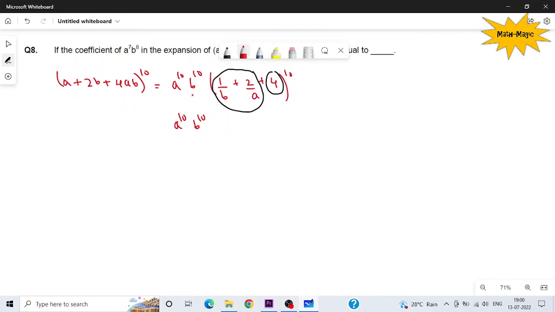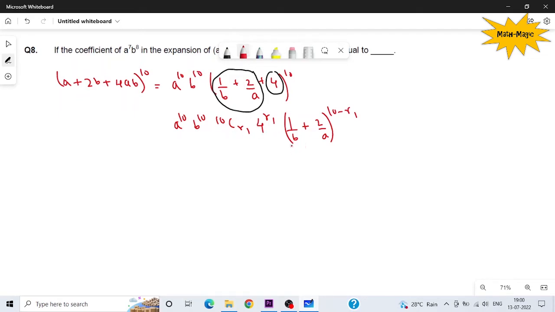In the expansion of (a + b) raised to 10, any term will look like 10C r1, 4 raised to r1, (1/b + 2/a) raised to 10 minus r1, by using the binomial theorem. So a term will look like this.